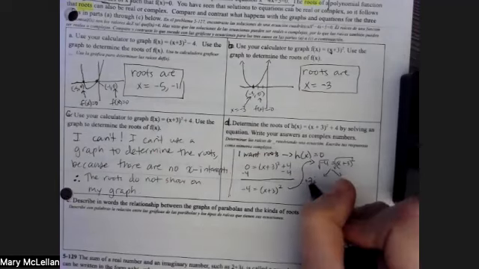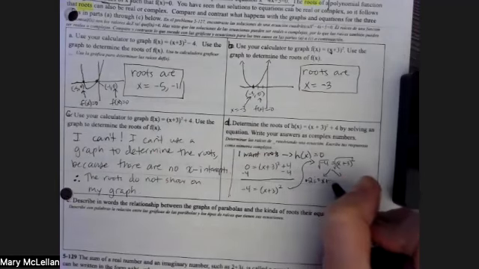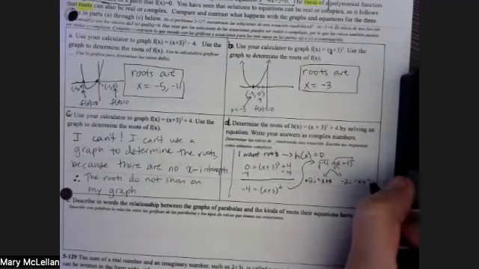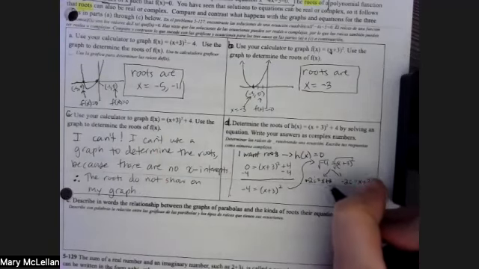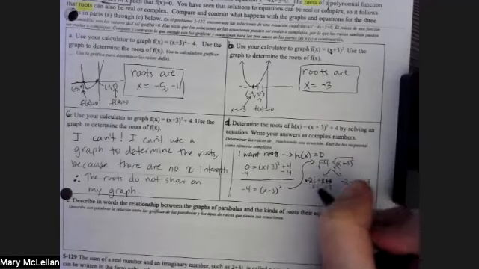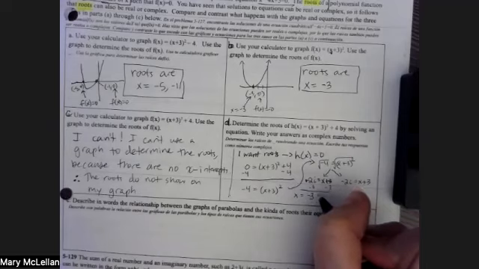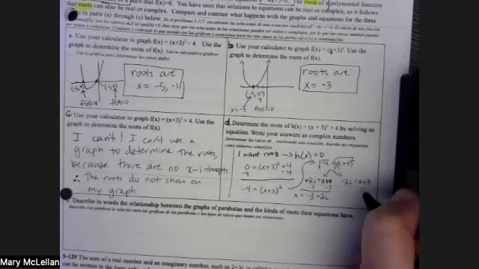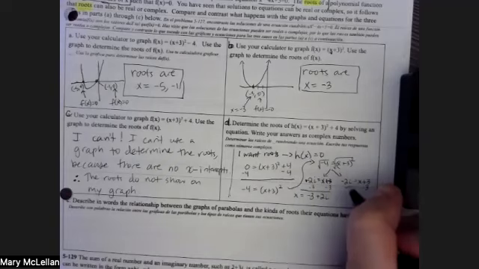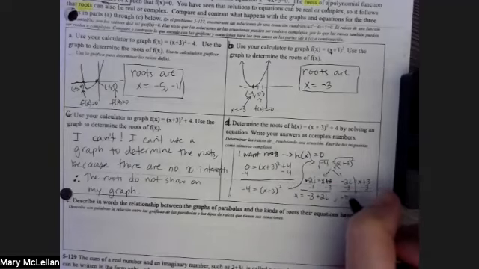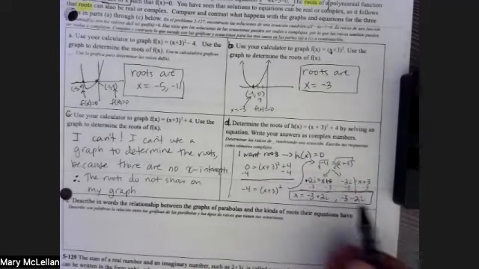I have the positive 2i equals x plus 3, and I have the negative 2i equals x plus 3. I subtract 3 from both sides of this version of the equation, and I get x equals -3 plus 2i. I subtract 3 from both sides of this version, and I get x equals -3 minus 2i. And that's the best I can do because they're not like terms.